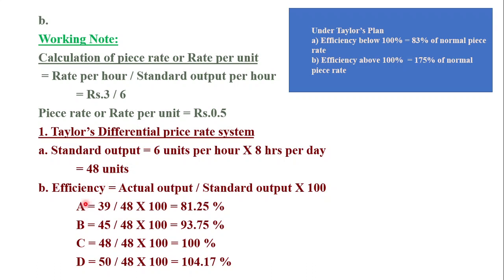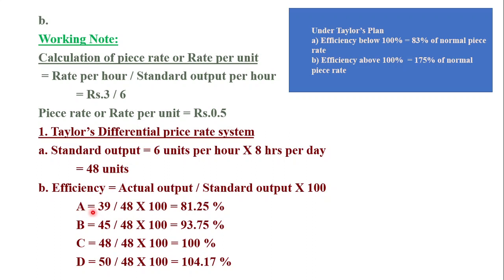Then the second step is to calculate the efficiency. How to calculate the efficiency? Actual output divided by standard output into 100. Actual output is given for 4 workers, A, B, C, D, divided by standard output 48 units.